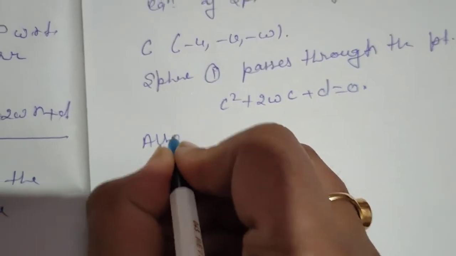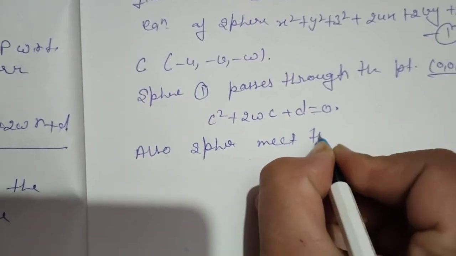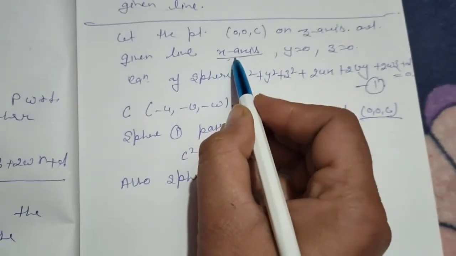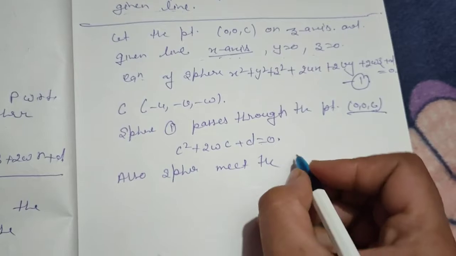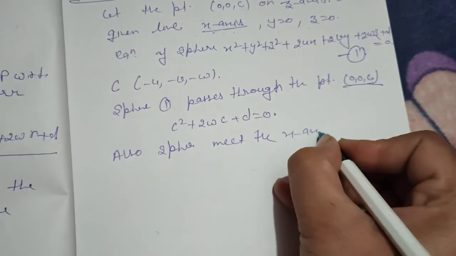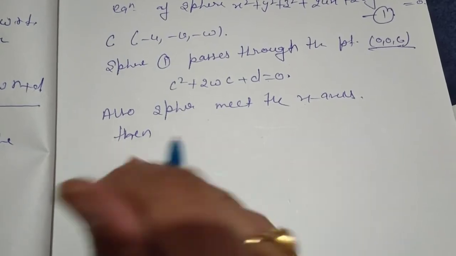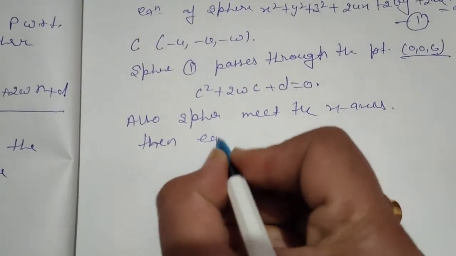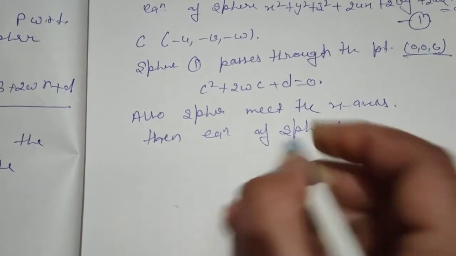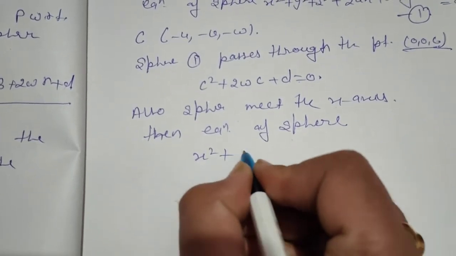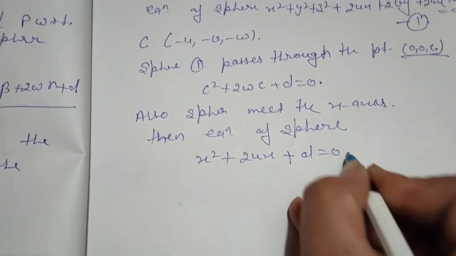Also the sphere meets the x-axis, where y = 0, z = 0. Then the equation of the sphere becomes x^2 + 2ux + d = 0.